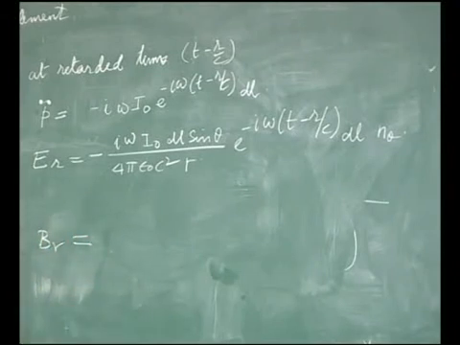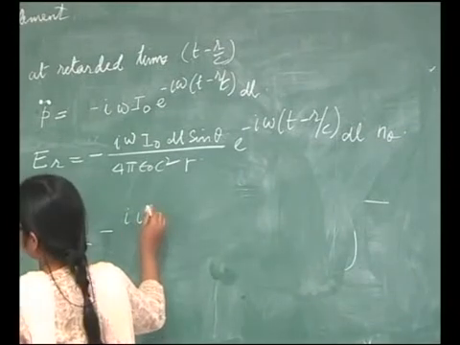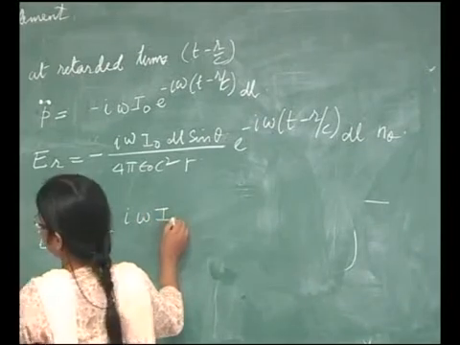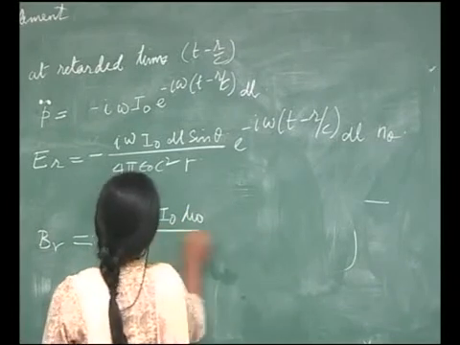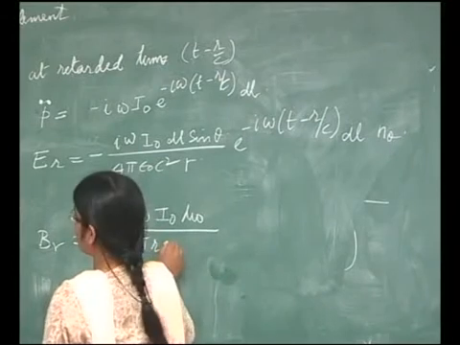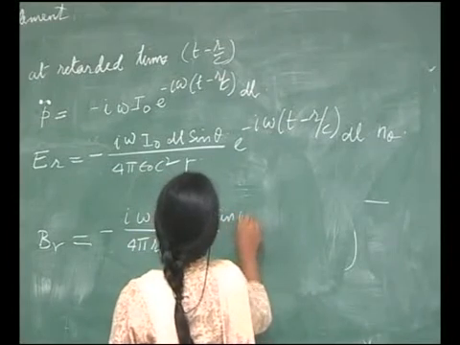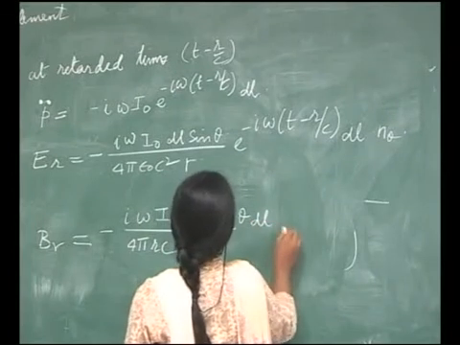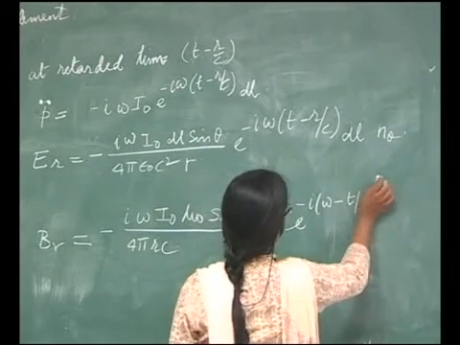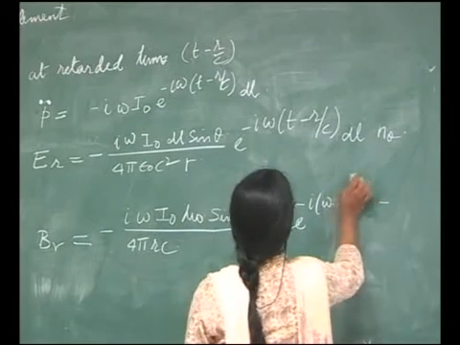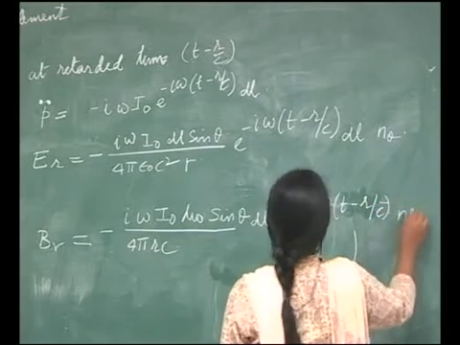When I substitute here for Br, I will get minus i omega I naught mu naught divided by 4 pi r c, sin theta dl e to the power minus i omega (t minus r by c) into n phi.